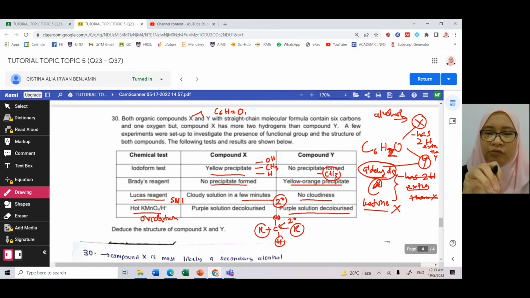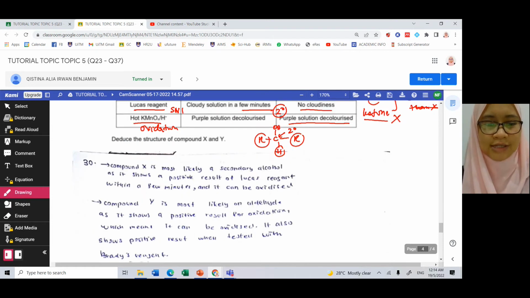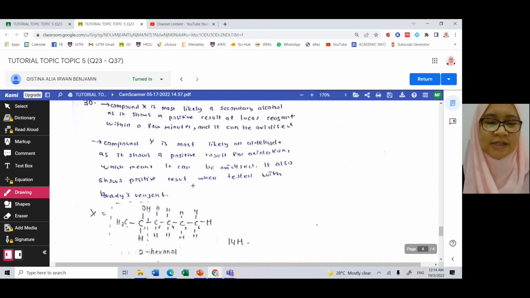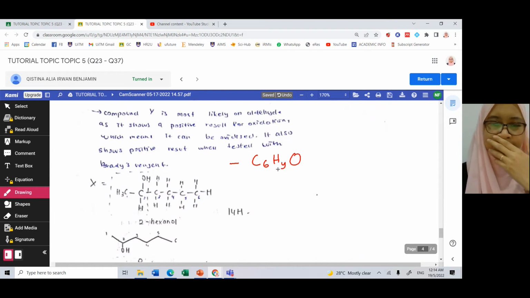We should be able to draw the structure of X and also Y. So the following question will be to deduce the structure of compounds X and Y. So you have to predict, based on the information given, the structure of X and Y. The condition is C must be 6, H, and then we have O. This we need to determine.